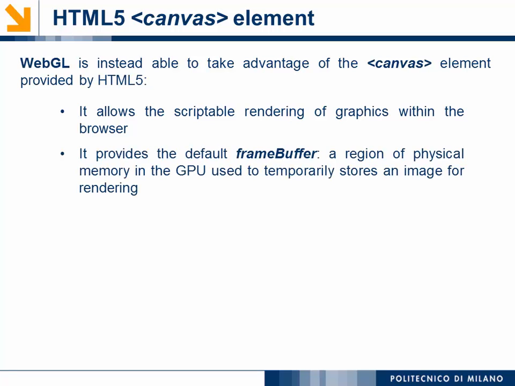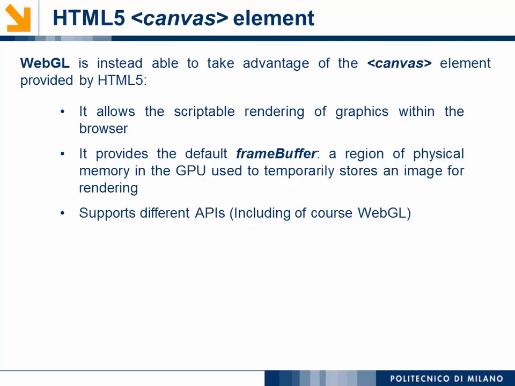It allows us to have a frame buffer, which is a portion of memory on the GPU used to temporarily store the image that is going to be drawn. In the frame buffer there is more information than just the colors of the pixels, but we will see this later on. From the frame buffer you derive the final image that is shown on the screen.